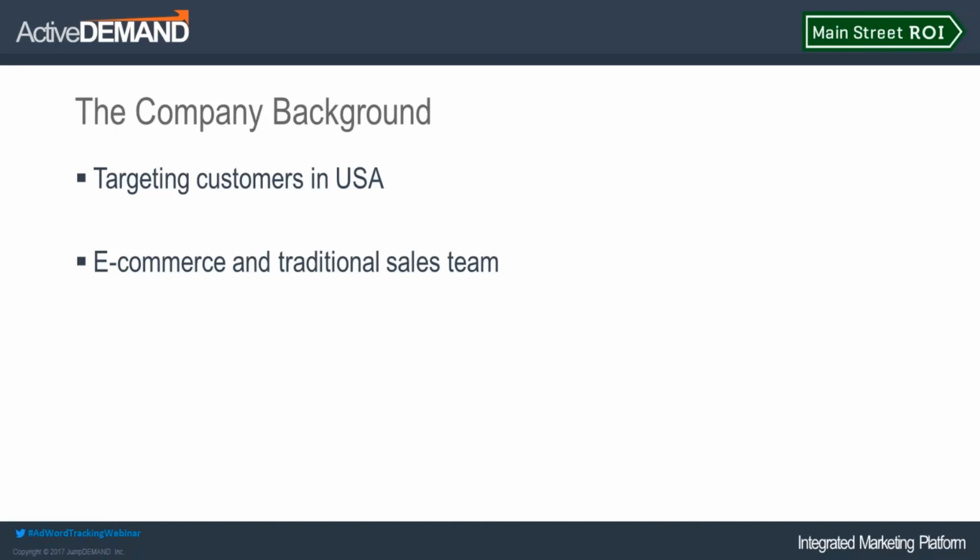They had an e-commerce part of their business, so people can go to the site and buy themselves. But they also had a traditional sales team, because a lot of their target audience doesn't really want to just buy it right away. They want to talk to someone, in which case they would request a quote, and then they would talk to the sales team, and those deals would be closed off of the internet.